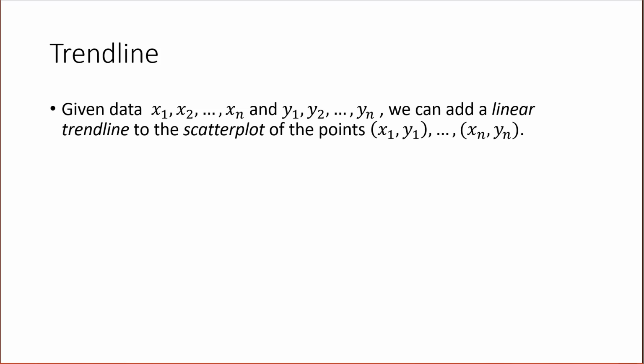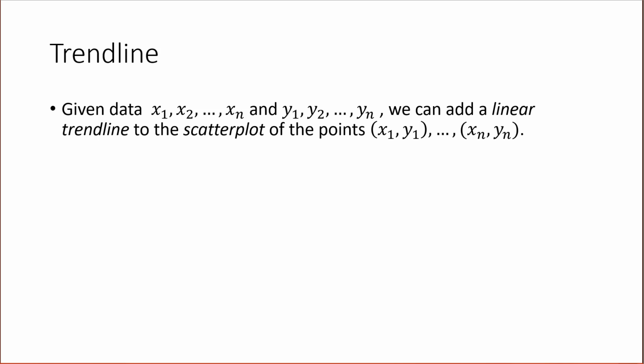So we have some data, x1 through xn, the time spent on the course, y1 through yn, the result from the final exam. In this case, there is a clear causation from the x data to the y data.